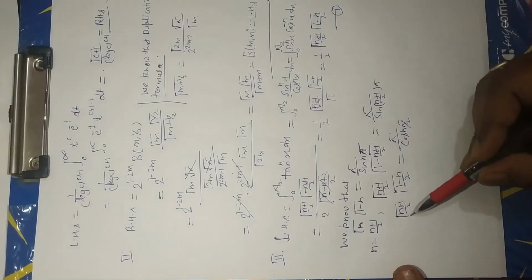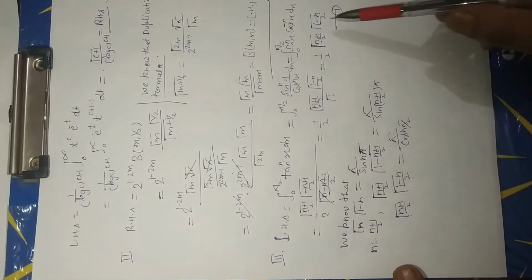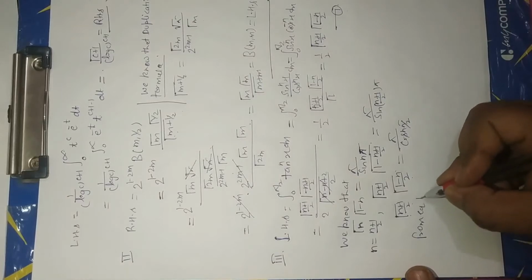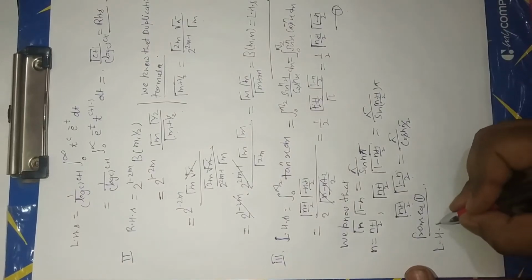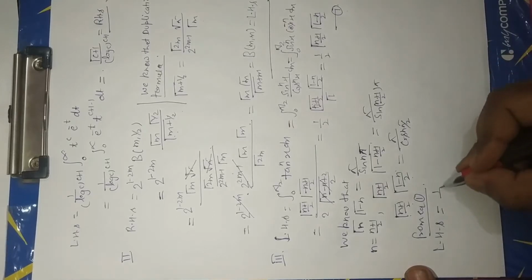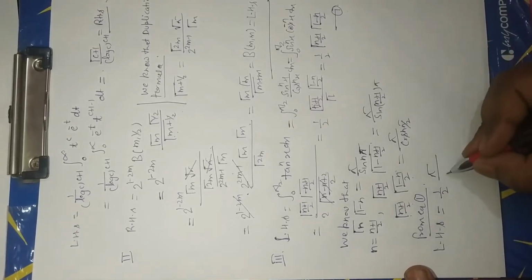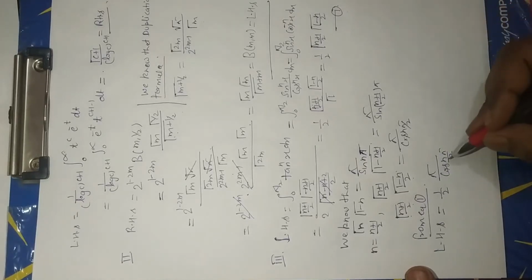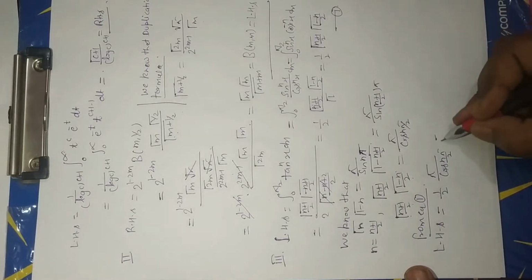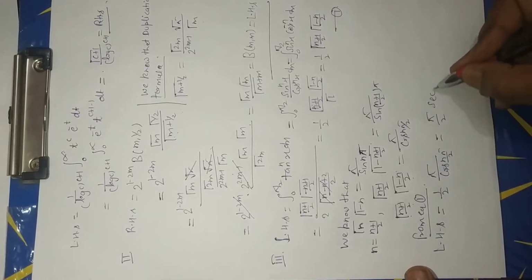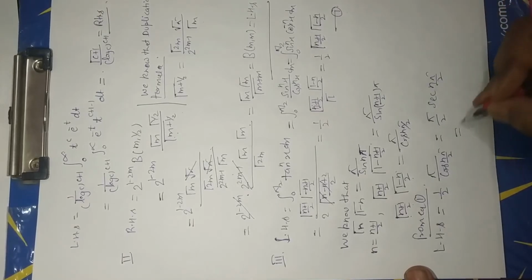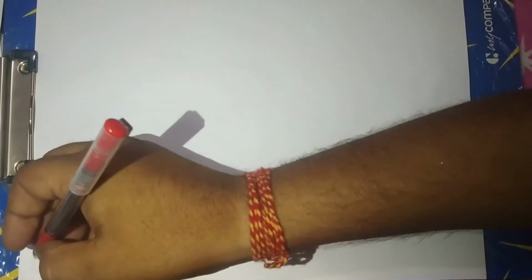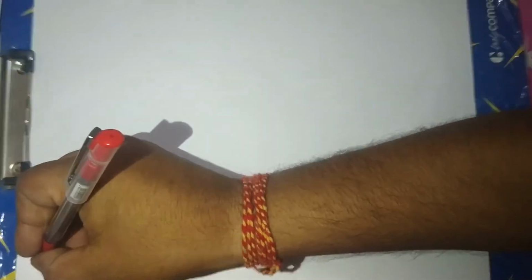Now putting the value of gamma (n plus 1)/2, gamma (1 minus n)/2 in equation number first, from equation first, the left hand side equals 1 upon 2 pi upon cos n pi by 2. This is equal to pi by 2 sec n pi by 2, which is equal to the right hand side. Now this is complete.